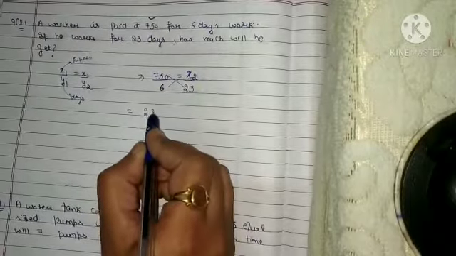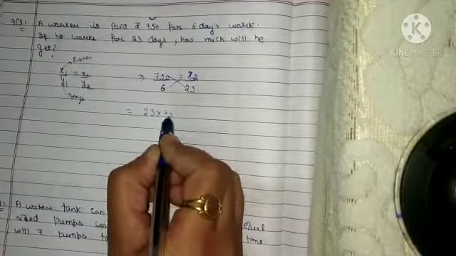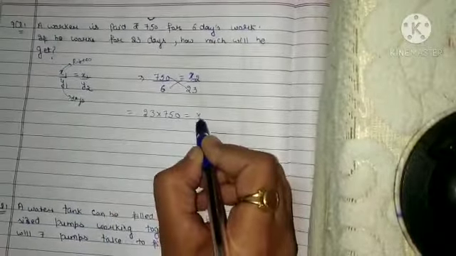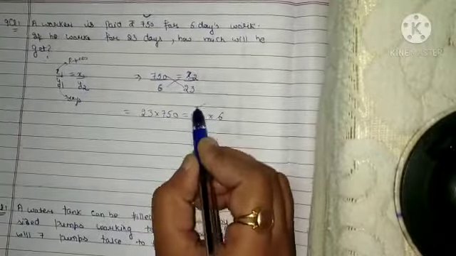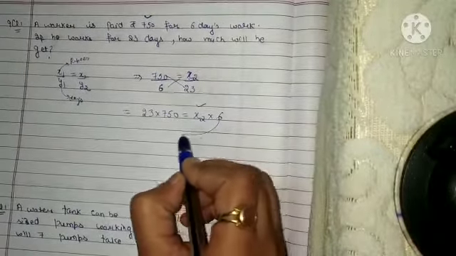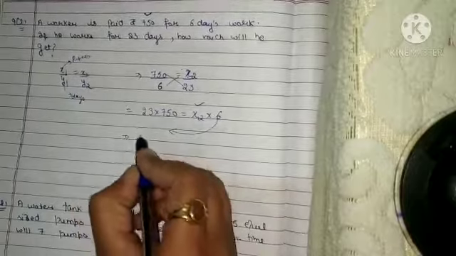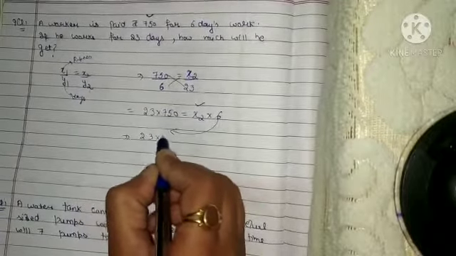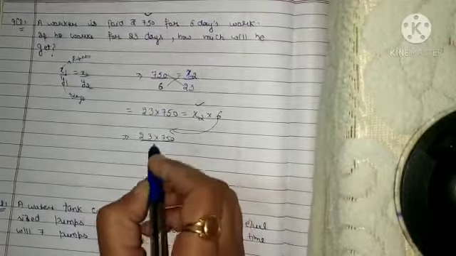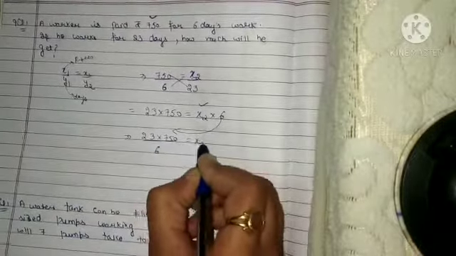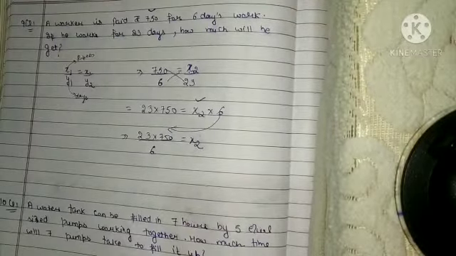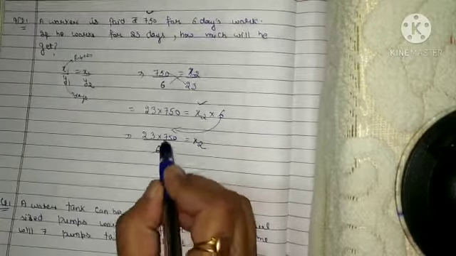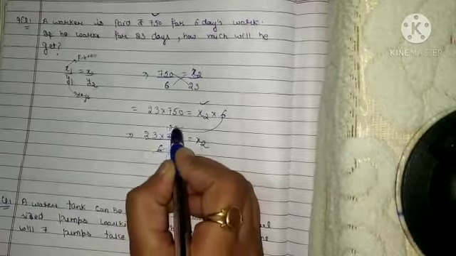So 23 multiplied by 750 equals x2 multiplied by 6. As we have to find the value of x2, we take 6 to this side, so it will divide the given term. Now do cutting at 125.